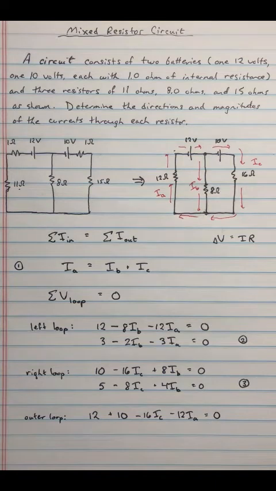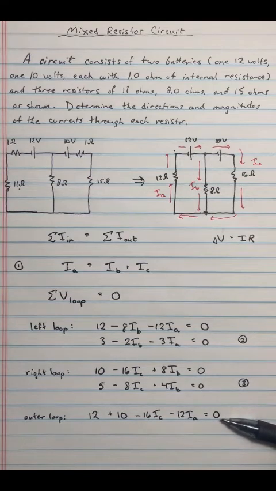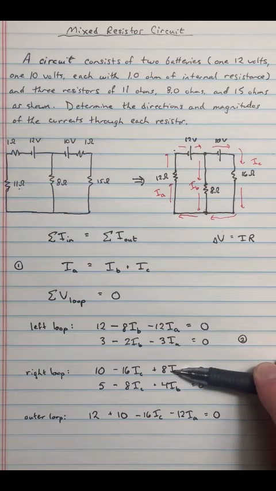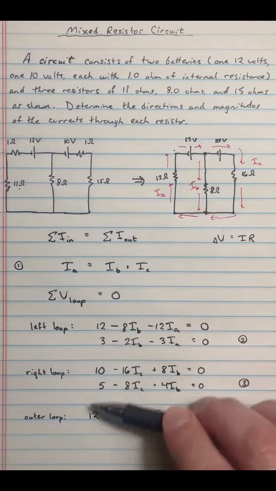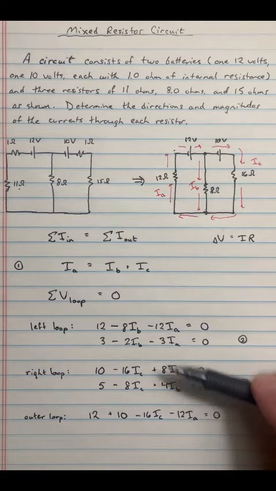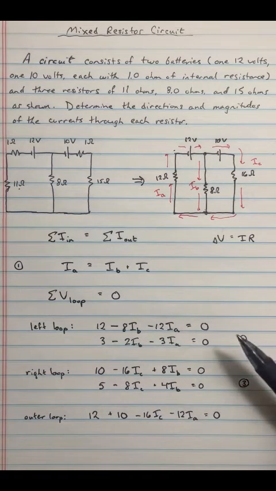Now, I want you to look very carefully, and I'll let you check on this yourself, but compare this equation I've just created here to this one plus this one. So 12 plus 10, negative 12 IA, negative 16 IC, and then check out what's happened.